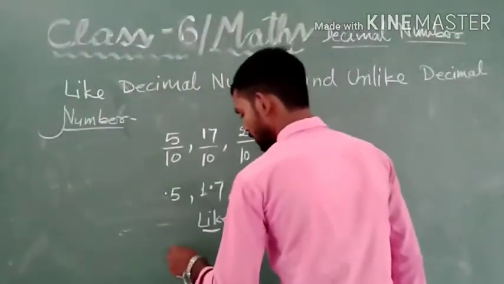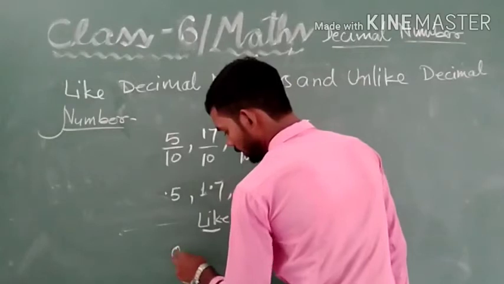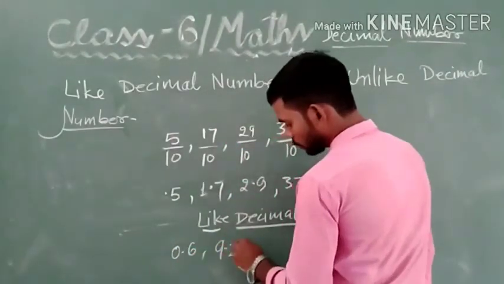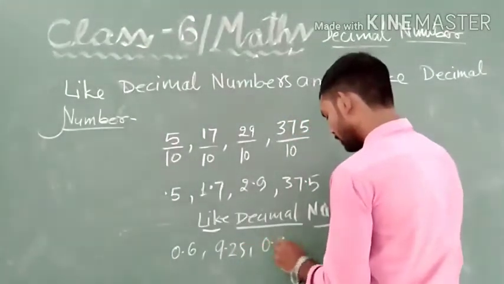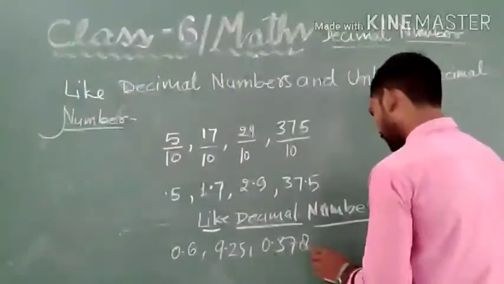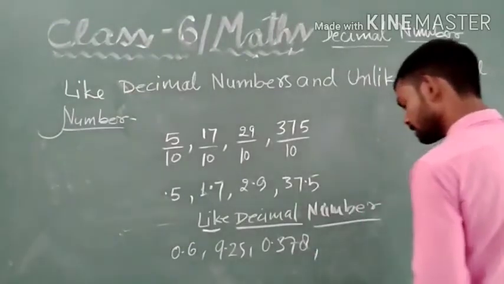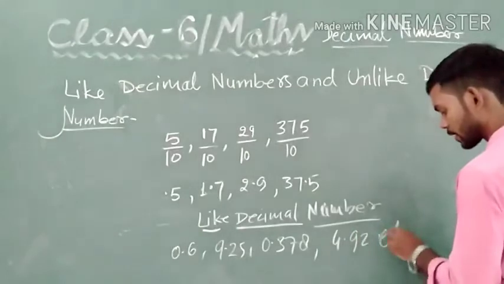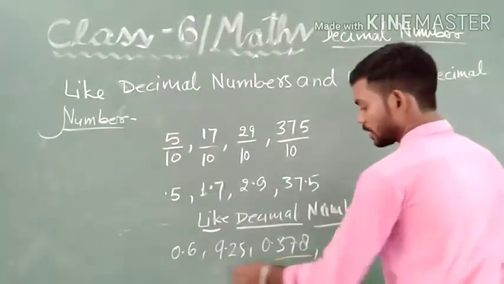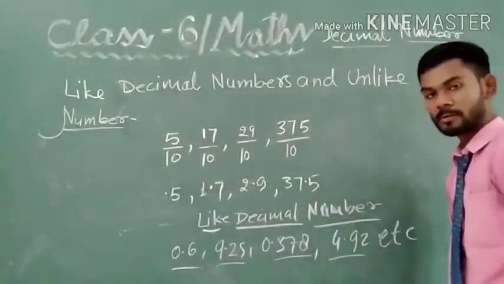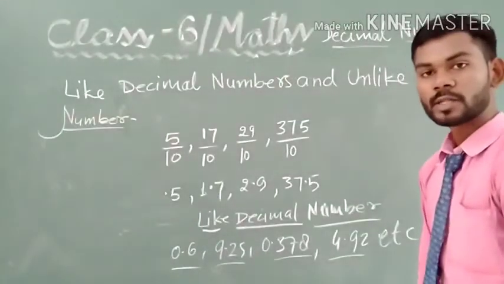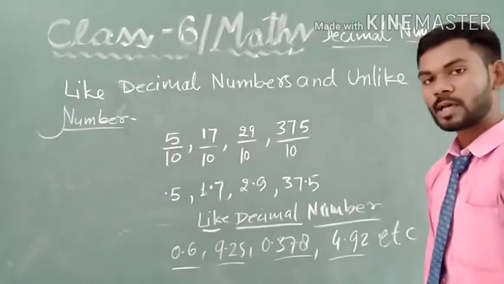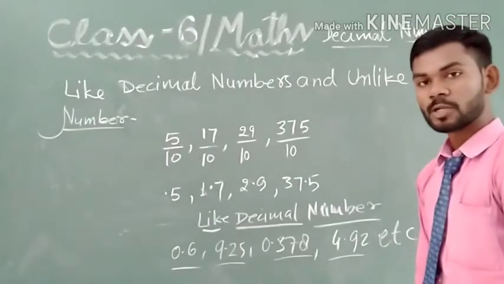Okay, so here we can say that 0.6, 9.25, 0.378 and 4.92, etc. Here you can see that in all these decimal numbers, the number of digits on the right side of the decimal are different. Therefore, they are known as unlike decimal numbers.